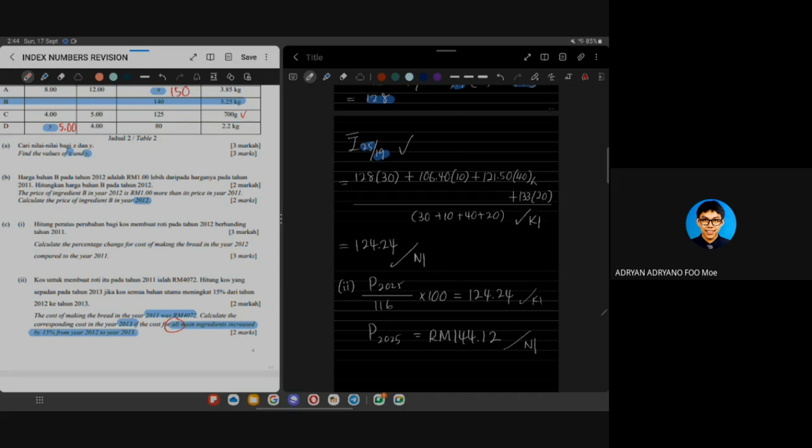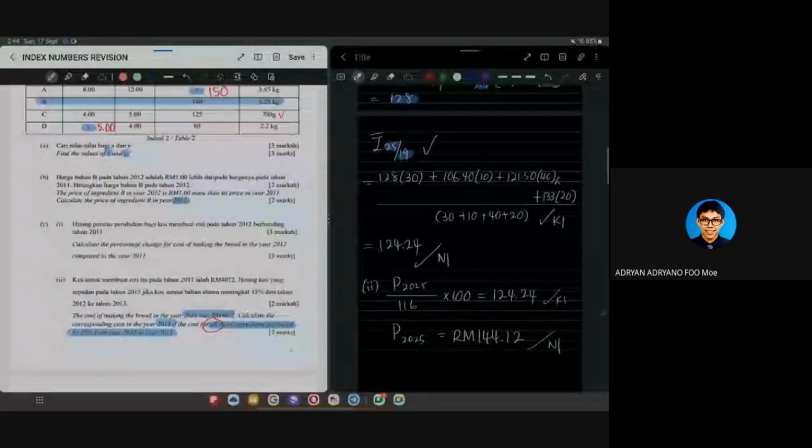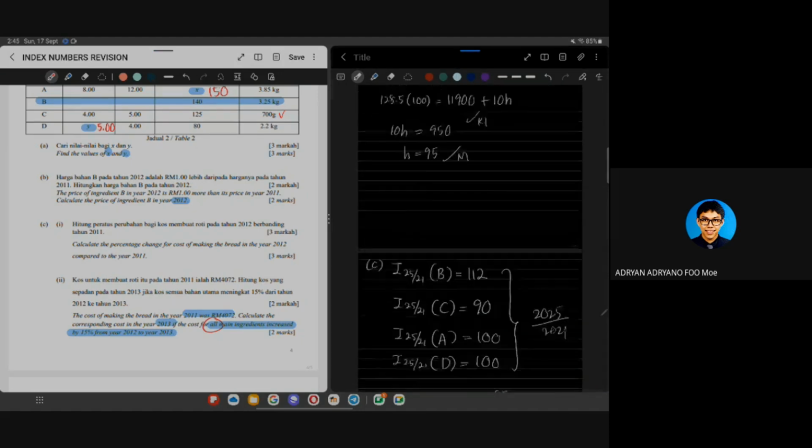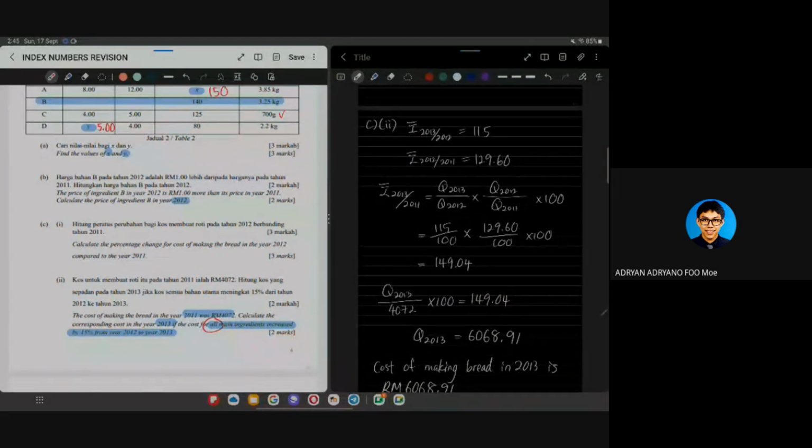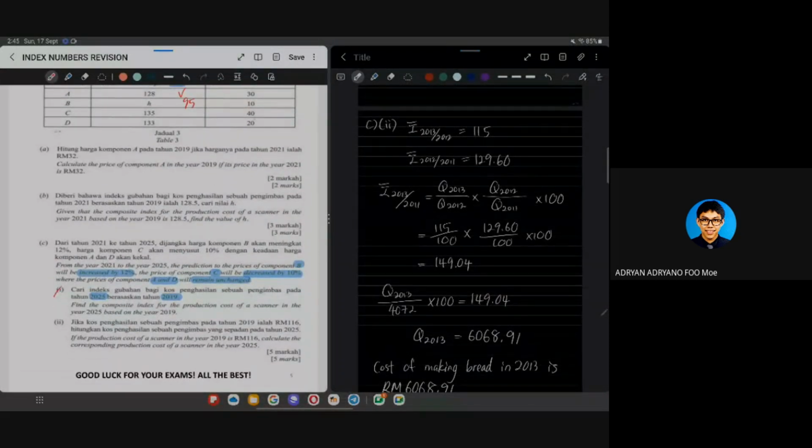All main ingredients. So when they mention the word all, I can straight away assume the composite index. Because all means semua, all increase at the same rate. So I can straight away use the composite, then find the answer like just now. But why can't the third question be done like that?